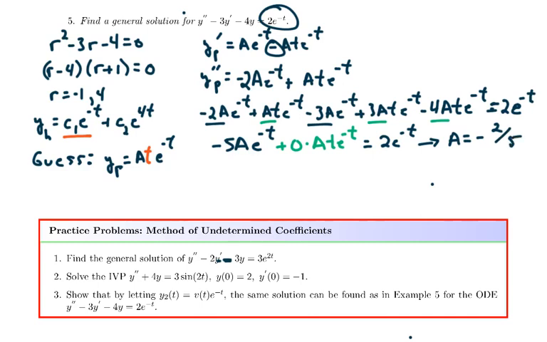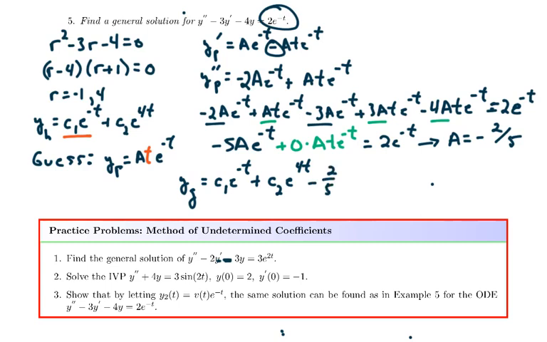Finally, the general solution, y g, is your homogeneous plus your particular. So the homogeneous is c1 e to the negative t plus c2 e to the 4t plus, well, it's going to be minus 2/5.